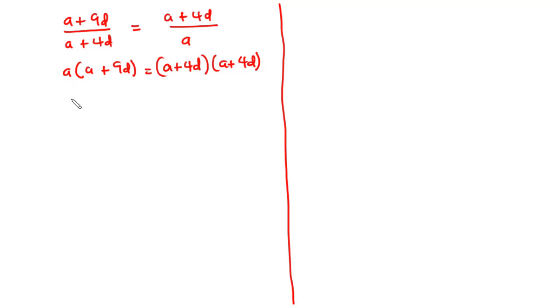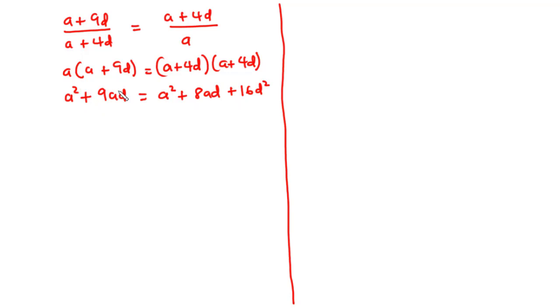So now let's multiply across. So we have a times a, this is a squared, plus 9ad equals, we multiply a and a, so this is a squared, we multiply a and then 4d, and then we multiply 4d and a. So a times 4d is 4ad, times 2 is 8ad, and then 4d times 4d is 16d squared.